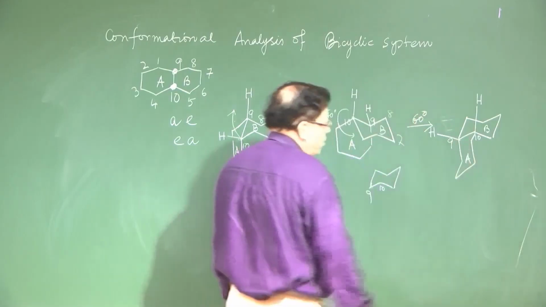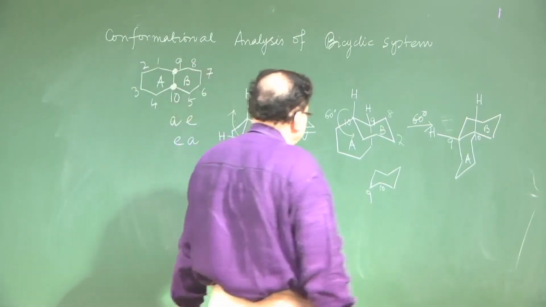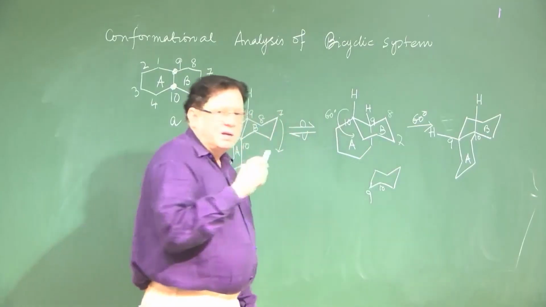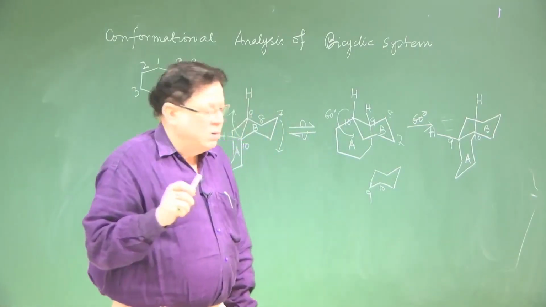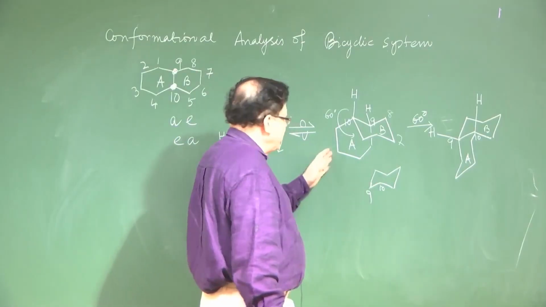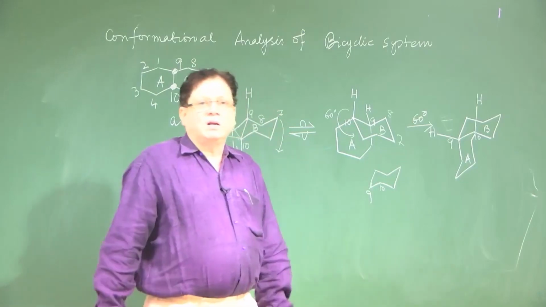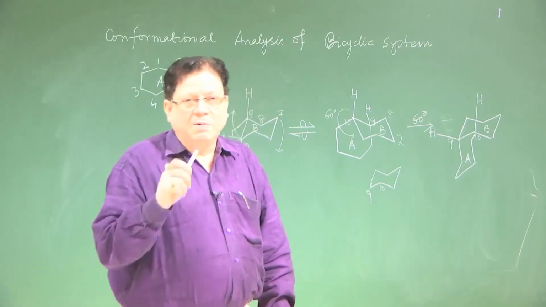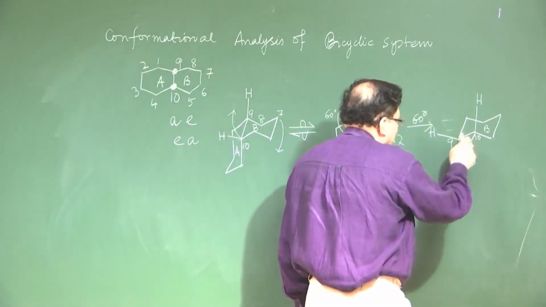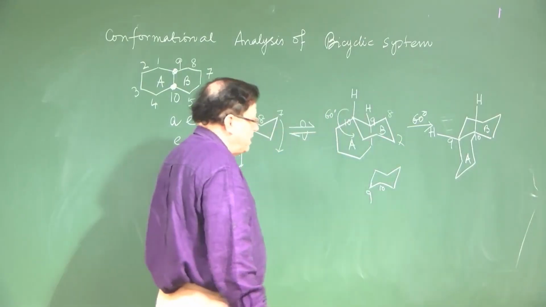Now, there is no problem, you can show the A ring in the perfect chair form. So, the trick is that in order to show both the rings in the chair form, whatever you get after flipping, you give it a rotation in an anti-clockwise direction by 60 degrees. Remember, we are talking about the B ring, and then you can draw both A and B and depict it as the chair form.